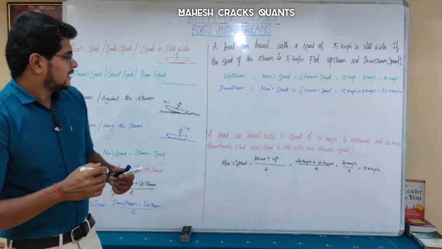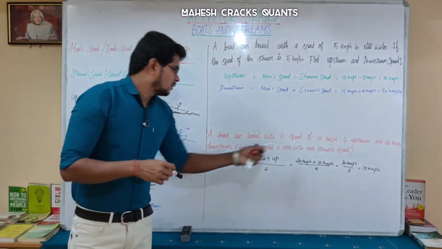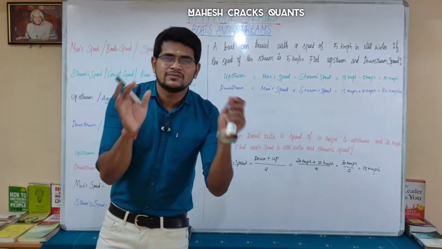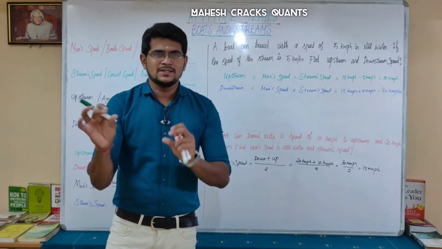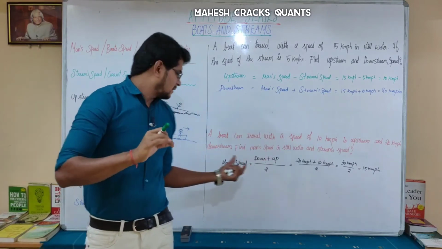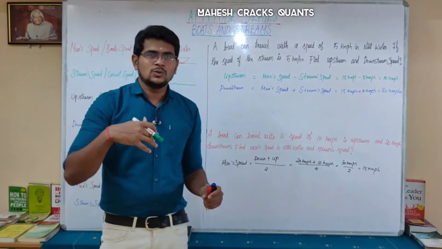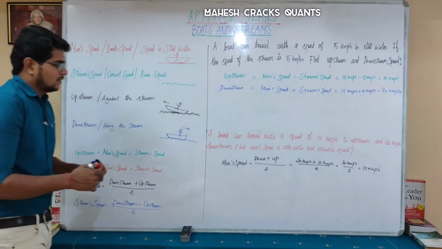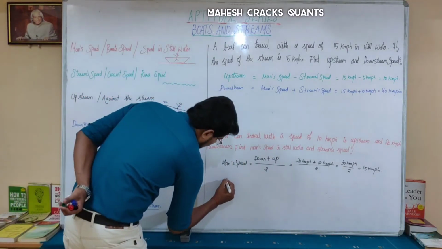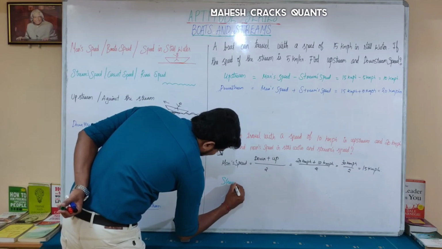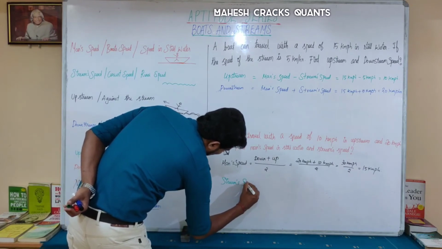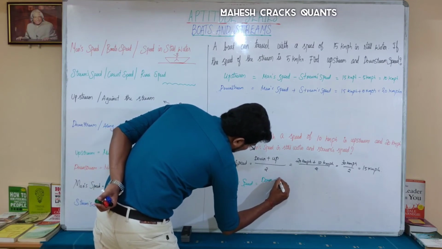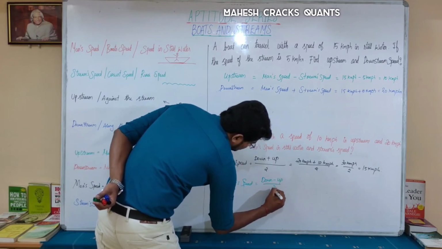Okay, that's all. The next one, you have to find stream speed. You know that stream speed is nothing but difference divided by 2. Stream speed is difference divided by 2 and man speed is sum divided by 2. Why sum and difference is what was explained here. Okay, done. So stream speed, you know that, down minus up divided by 2.